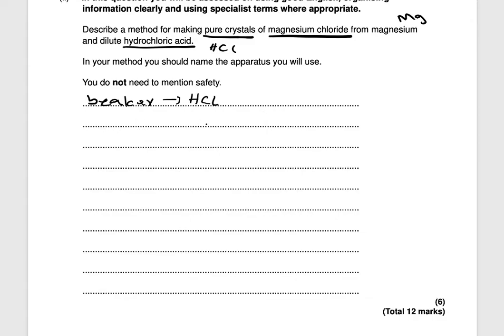Okay, after we've poured it in, we're going to add magnesium strips of the metal, and we're going to stir it so they're properly mixed together. Okay, so that's the first step. So you're going to use a beaker and a stirring rod.